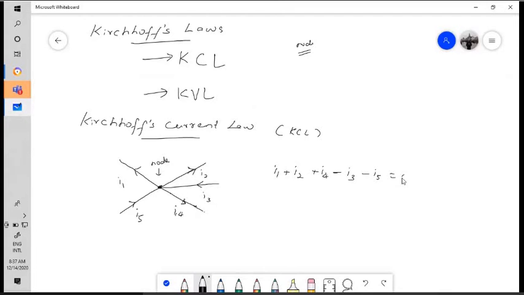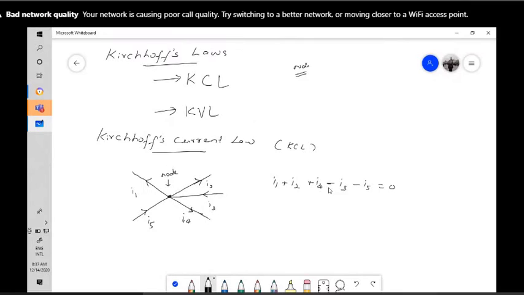Now I have taken a plus sign for currents leaving the node, and a negative sign for the currents that are entering the node.